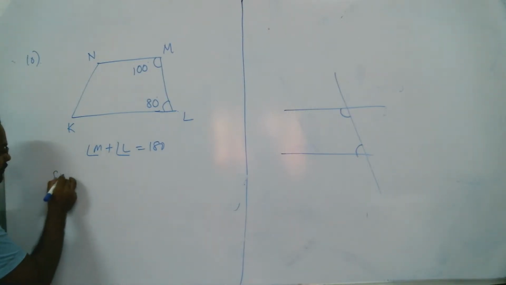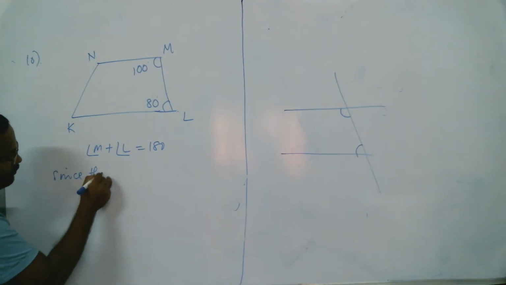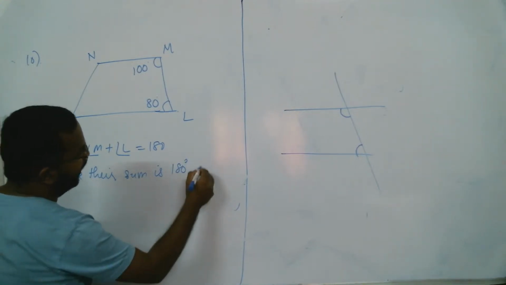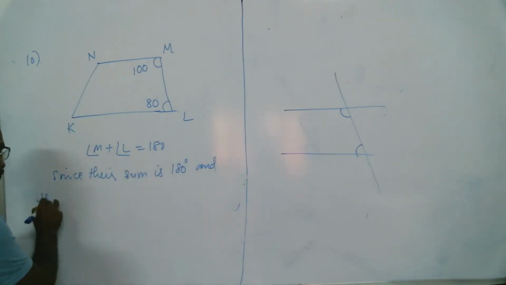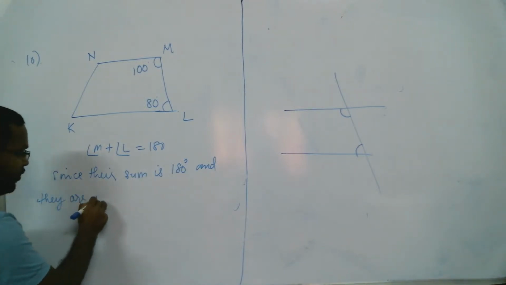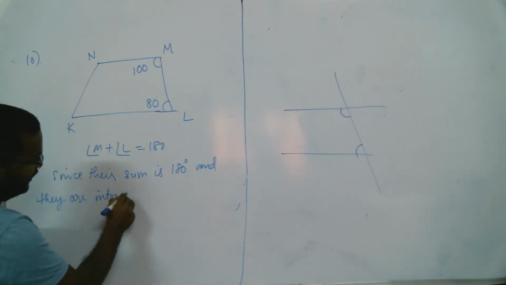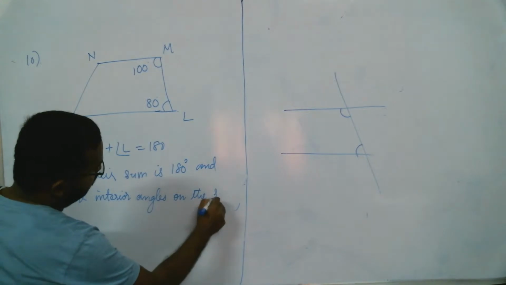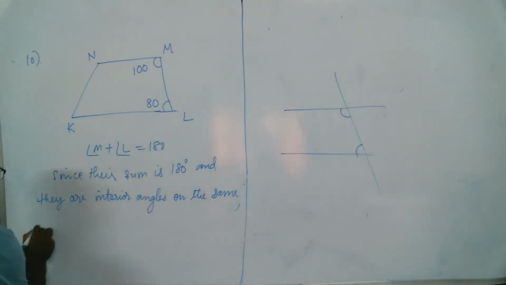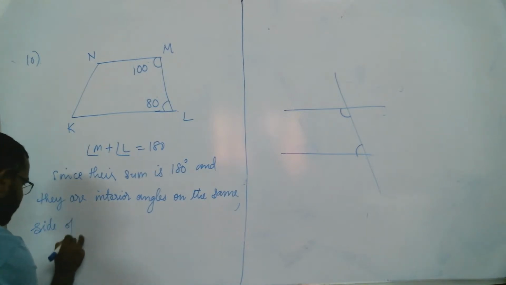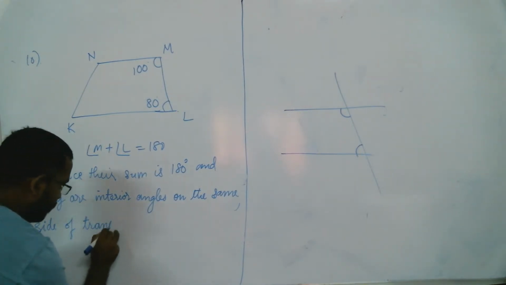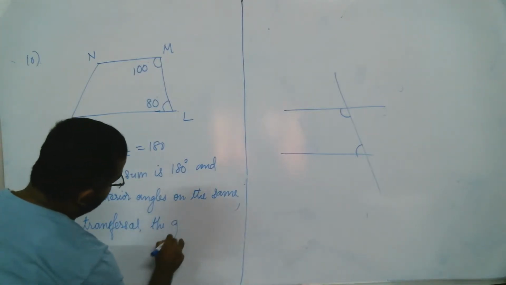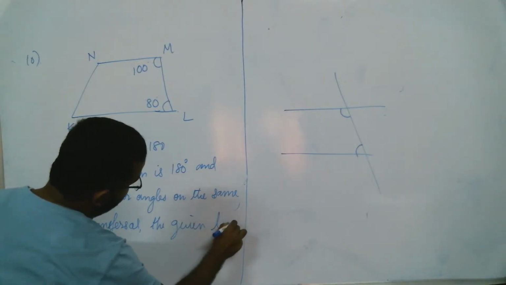So since their sum is 180 degree and they are interior angles on the same side of the transversal, the given lines are parallel.